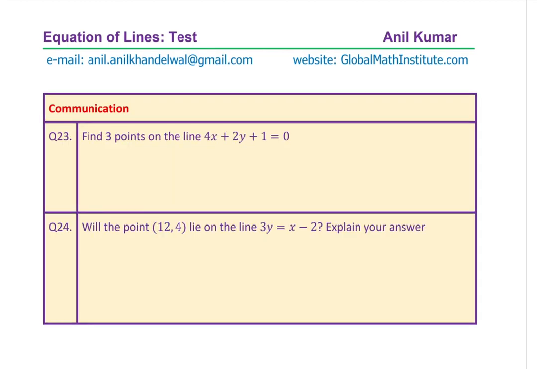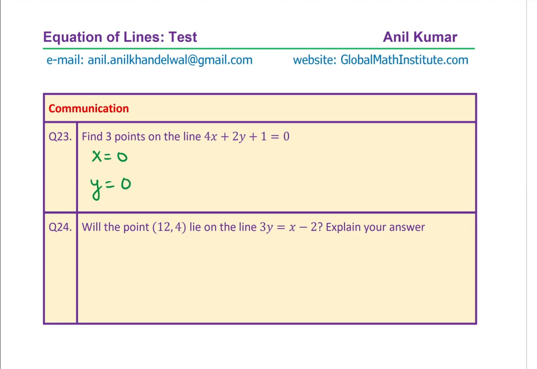Now here, let us have a word problem, which is to find 3 points on this particular line. How will you find 3 points on a line? Well, an easy way is you could put x equals 0, find y. You could put y equals 0, find x, right?